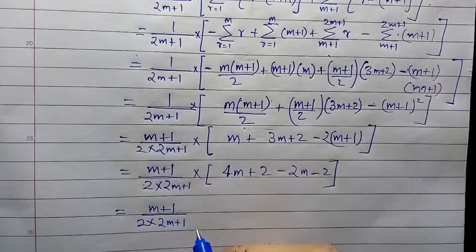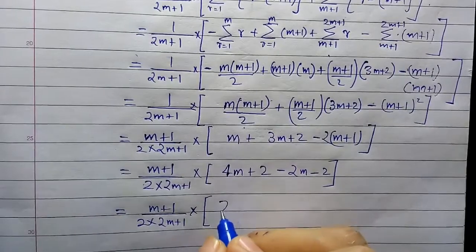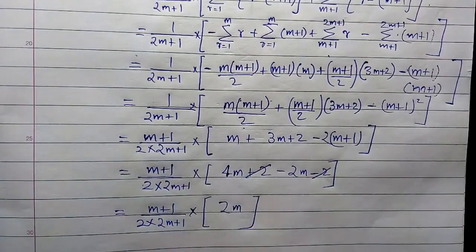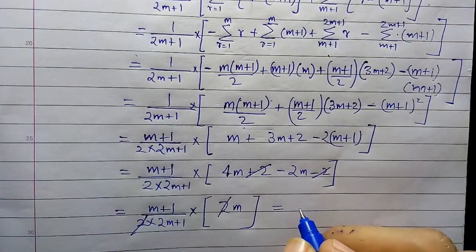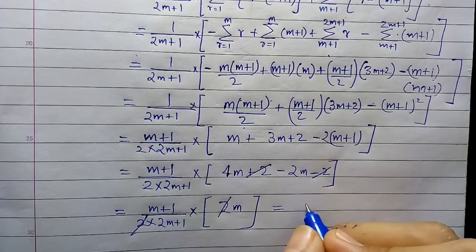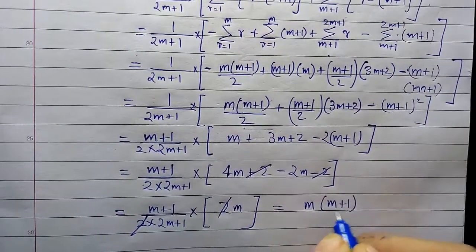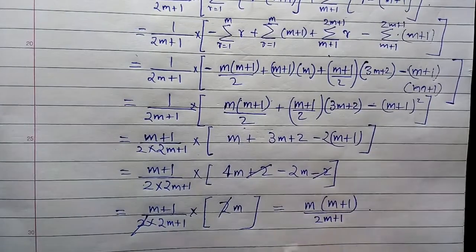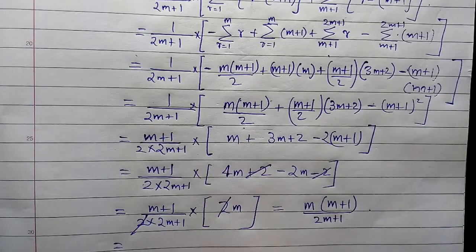Again, this is 2m, this cancels out. Voila, we have something so profound already done. So what we are dealing with is algebraic manipulations.